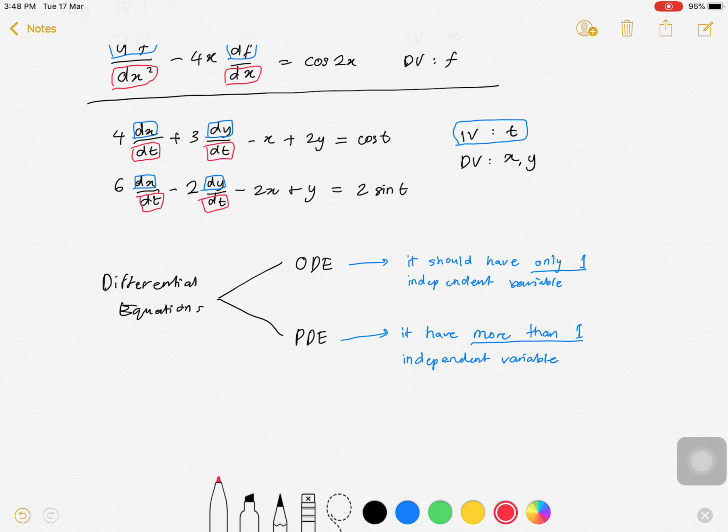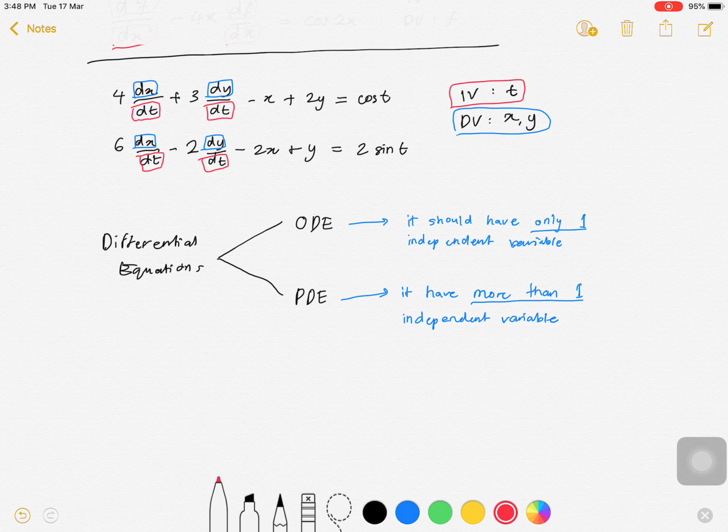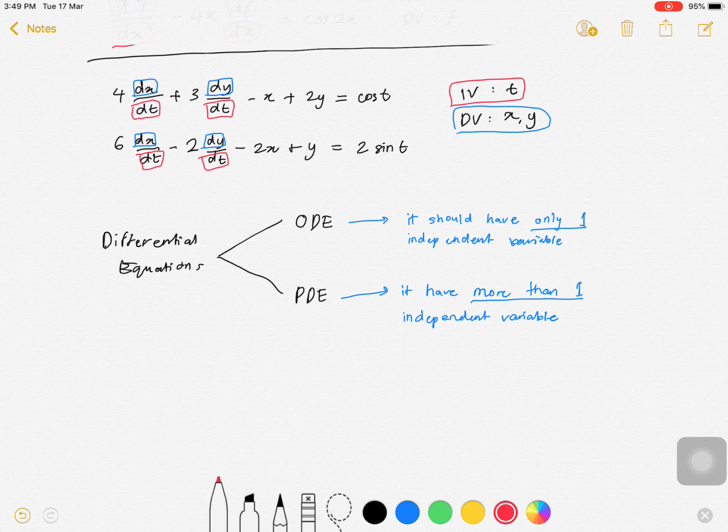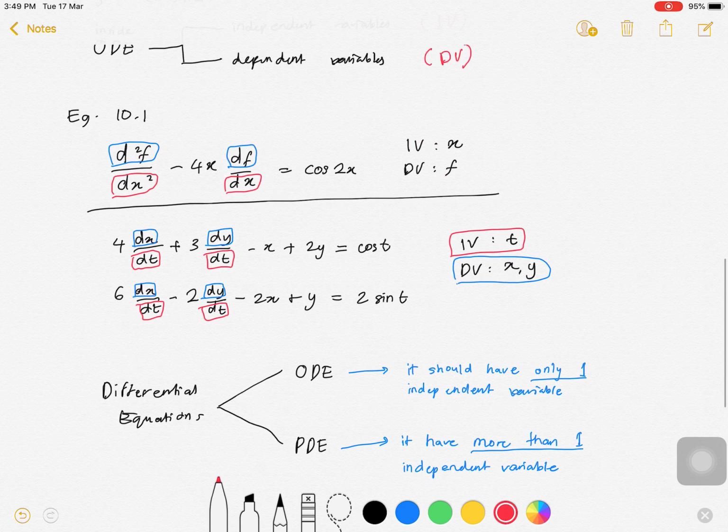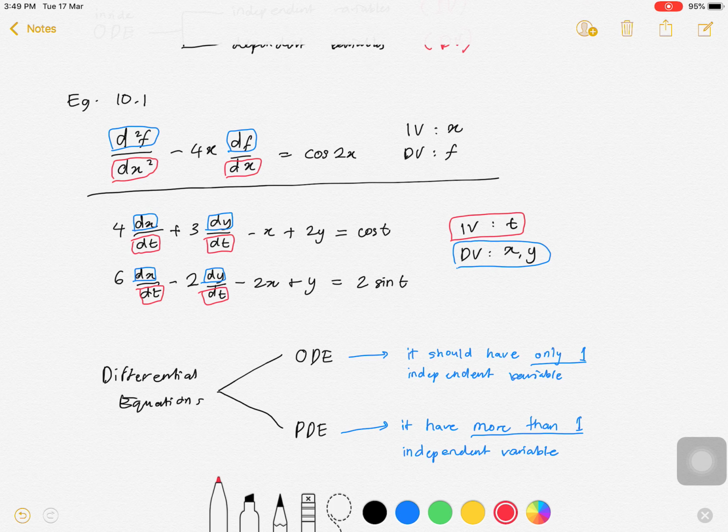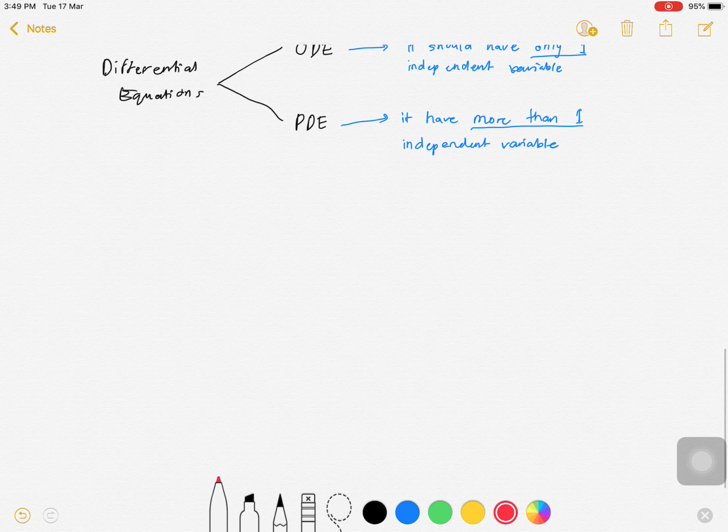In this case we have two dependent variables. I don't want to make you confused, so I made this one red. So remember these concepts. Hopefully you understand the difference between ODE and PDE. And these three equations are examples of ODE.